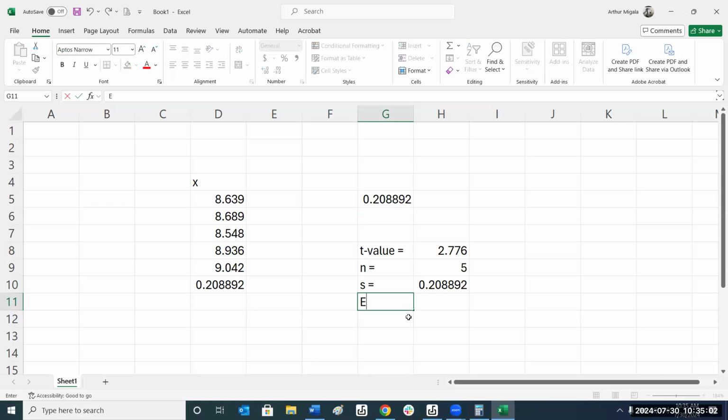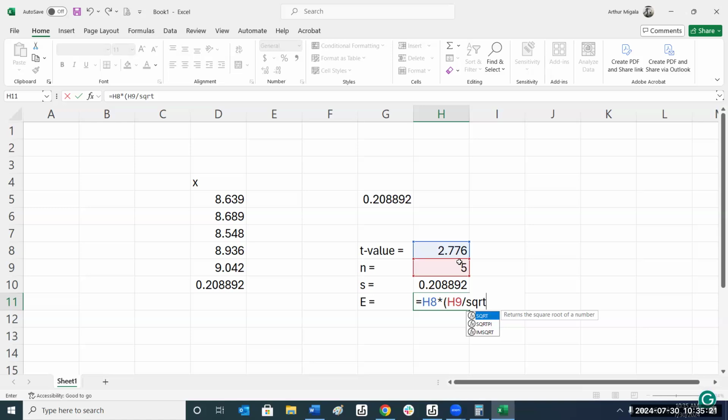So to find my error, I take my t value times the standard deviation divided by SQRT, the square root, open parenthesis, of my n.